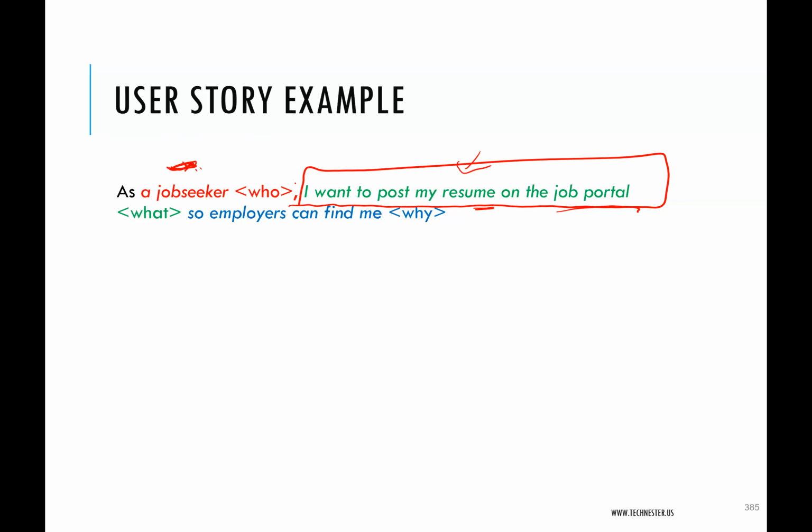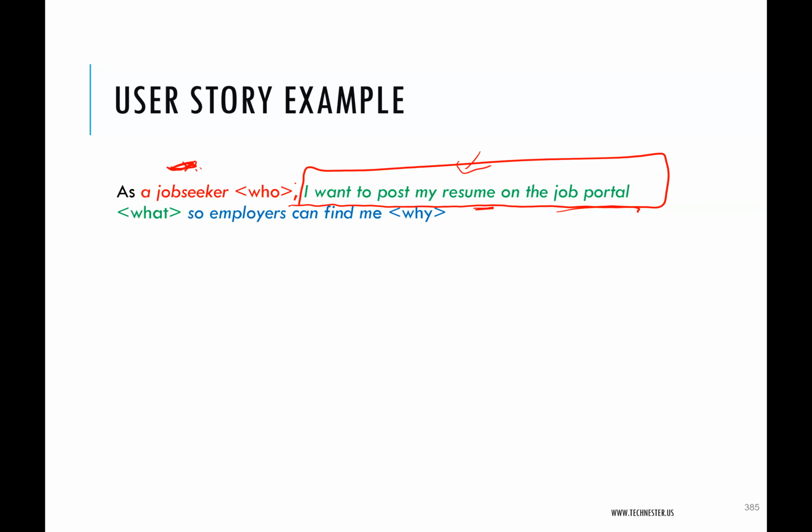This type of user needs this feature, and this is the business value that feature would bring to that user. This is the benefit that feature will bring to the stakeholder in question. So this is the structure of your user stories.